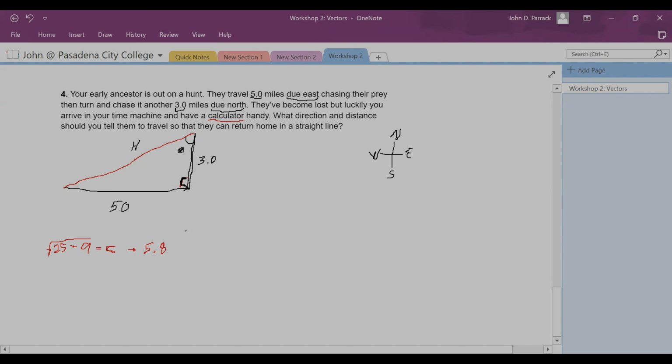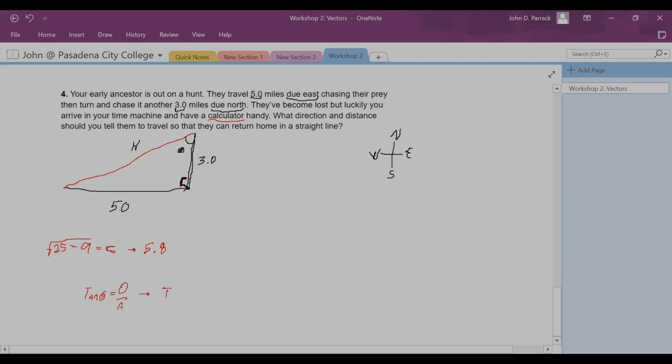Trigonometric formulas again. We have SOHCAHTOA, and we're looking for this angle theta. We know that the tangent of theta is equal to the opposite over the adjacent. So tan theta equals O over A. So then how do we find theta?